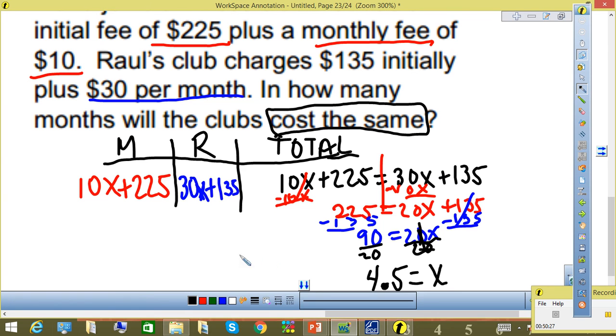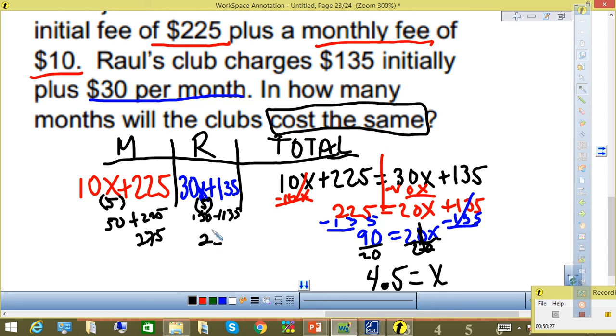Let's see. This is 50 plus 225. That's 275. This is 150 plus 135. That's 285. Nope. If we substitute 4, less than that, it's still not going to be the same.